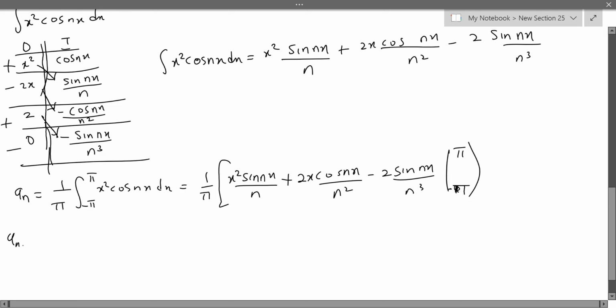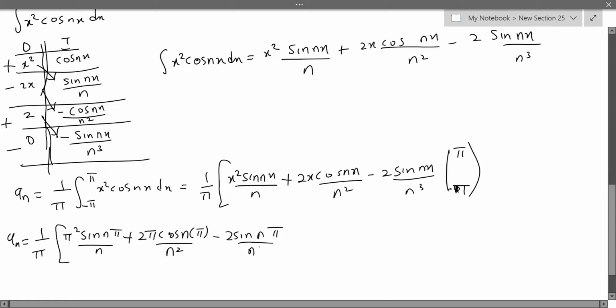So you get an is equal to 1 over pi. If I put pi now, I'll get pi raised to the power of 2 sin n pi over n plus 2 pi cos n pi over n squared minus 2 sin n pi over n cubed.